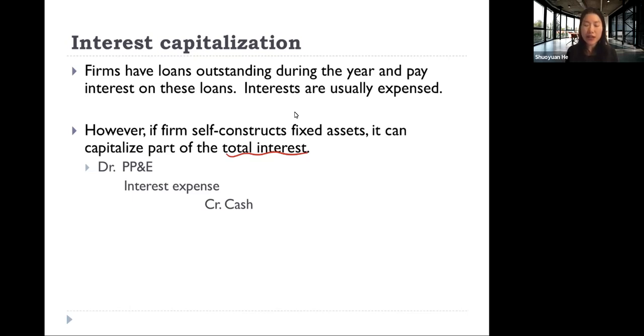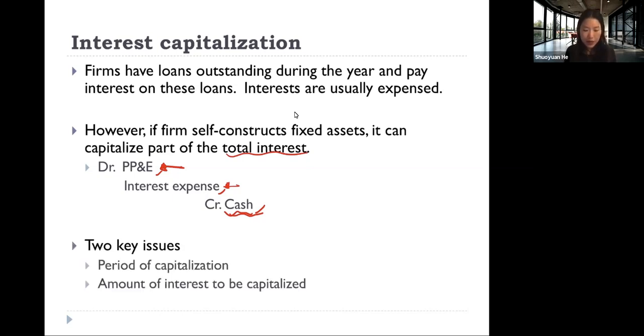And the general entry here is to debit PP&E, debit interest expense and credit cash. As you can see, the cash is the cash interest we paid out. Part of this cash interest can be capitalized into the cost of the asset. And the other part, if it cannot be capitalized into the cost of the asset, needs to be expensed in the current period, which is by debit interest expense.